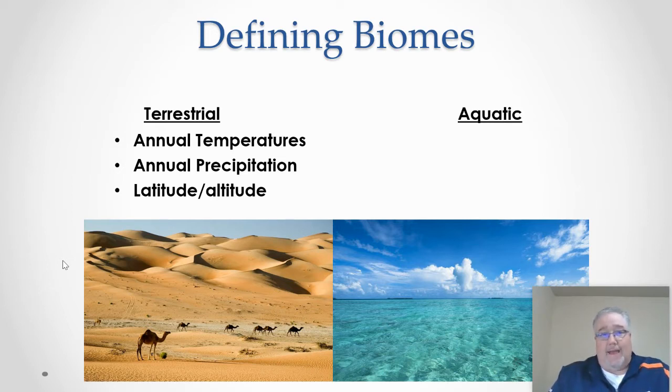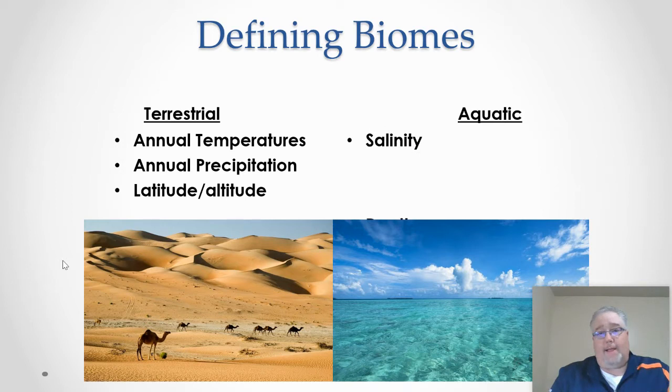Then also latitude, which is its position on Earth in relation to the equator. Is it north of the equator, south of the equator, 30 degrees north, 60 degrees north? Where is it? And also altitude. The higher you go, the more likely you'll get a change in climate and biome conditions. Those are things that help define terrestrial biomes.